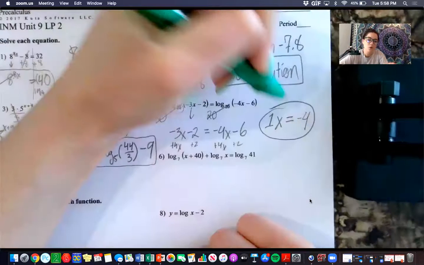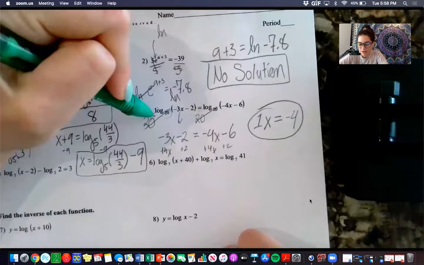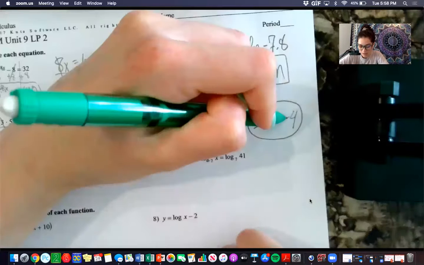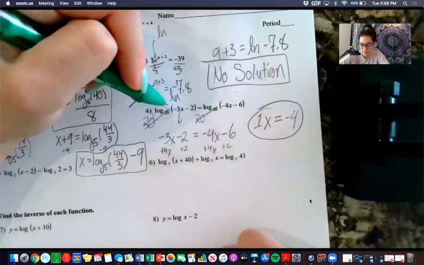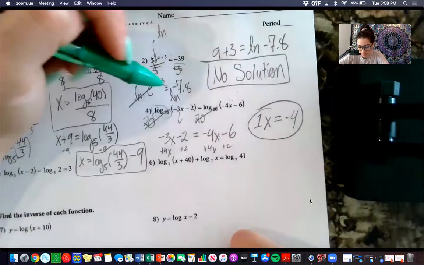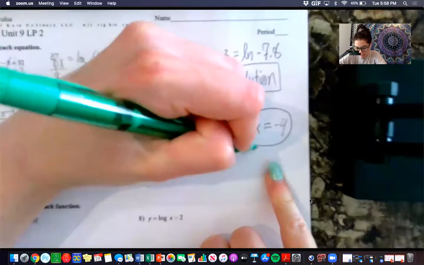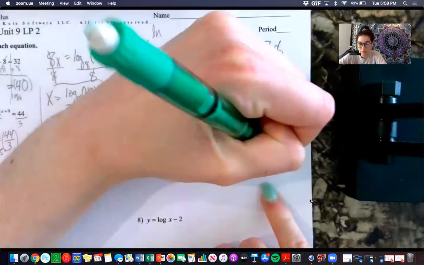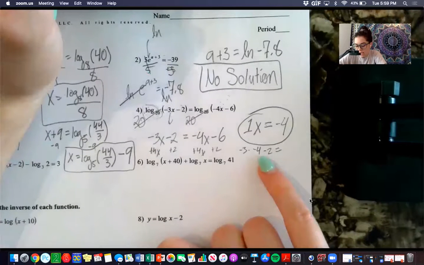The last thing that we need to do for this problem, because I start off with logs, is double check that negative 4 will not make these values less than 0. So negative 3 times negative 4 minus 2 equals negative 3 times negative 4, it would be positive 12. Minus 2 is 10.